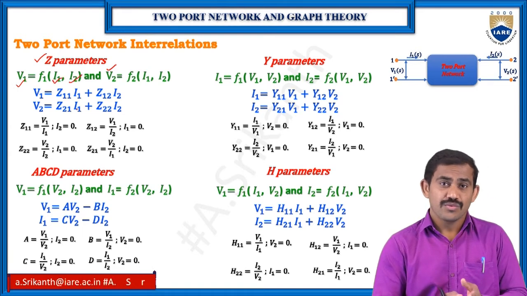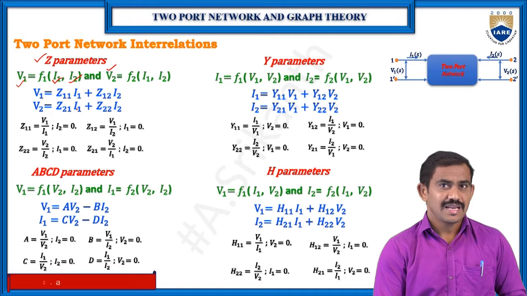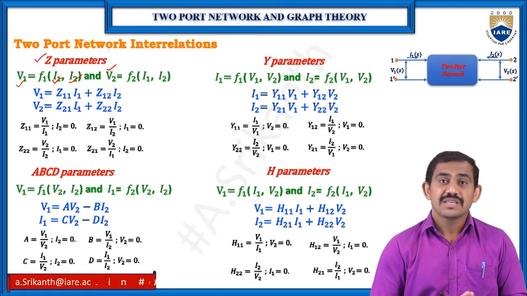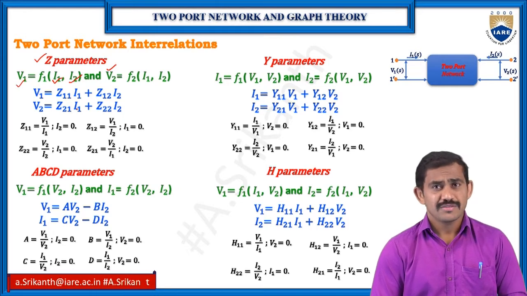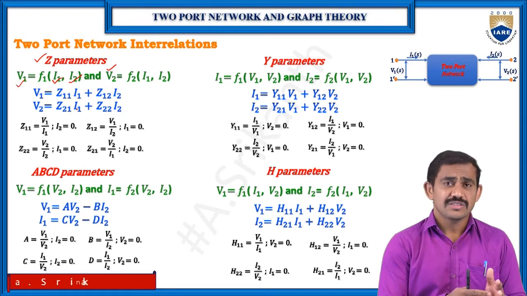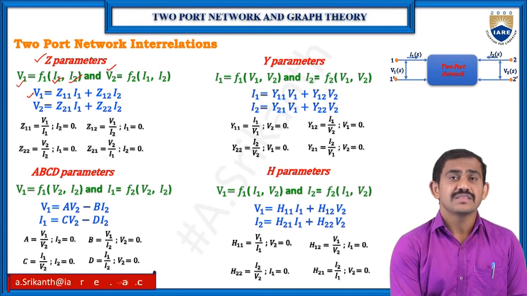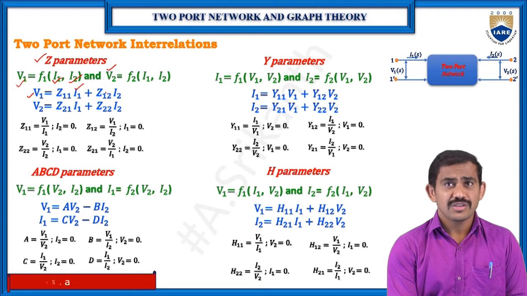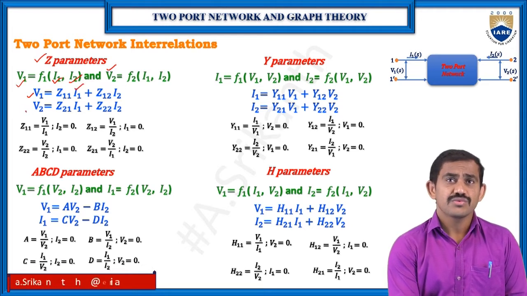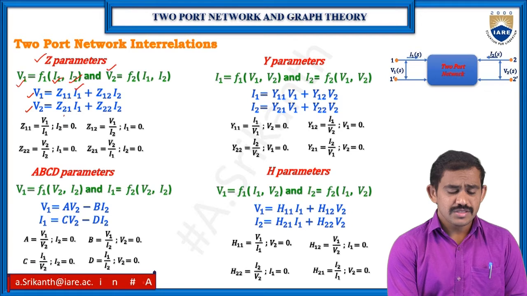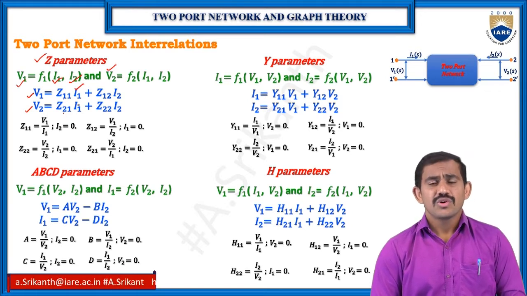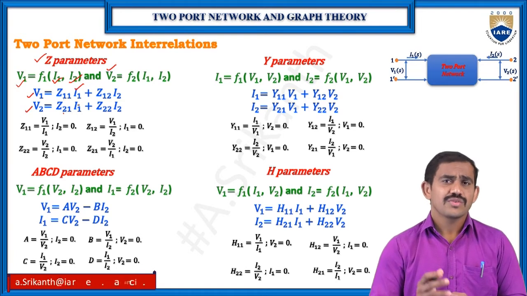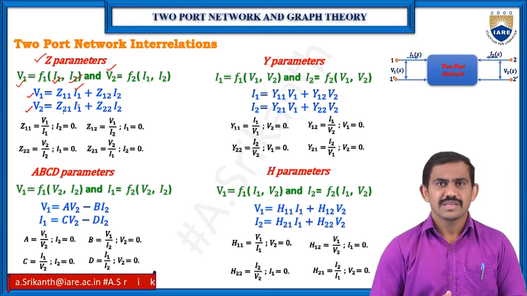The equations are V1 is equal to Z11 I1 plus Z12 I2, and V2 equal to Z21 I1 plus Z22 I2. We already discussed this in a previous video, so if you want, just watch that video.